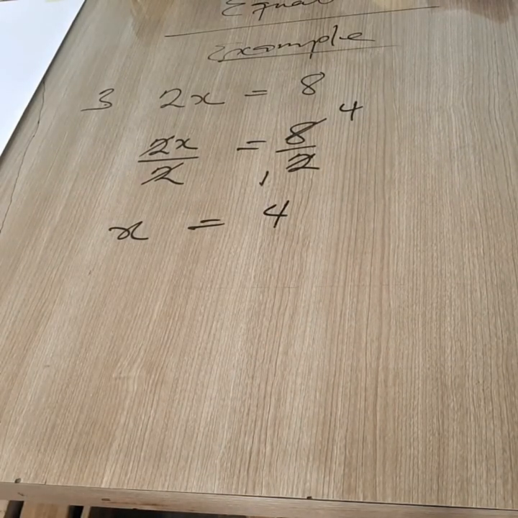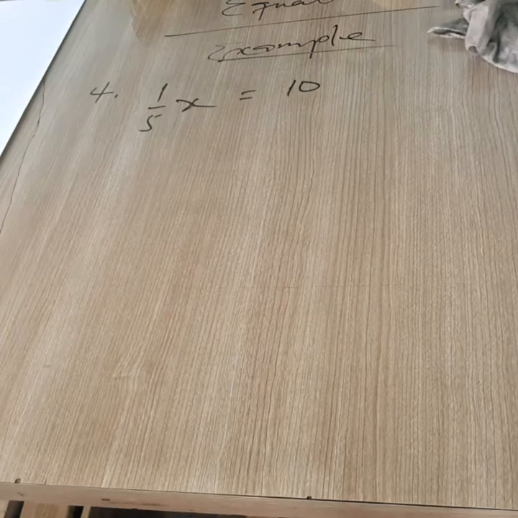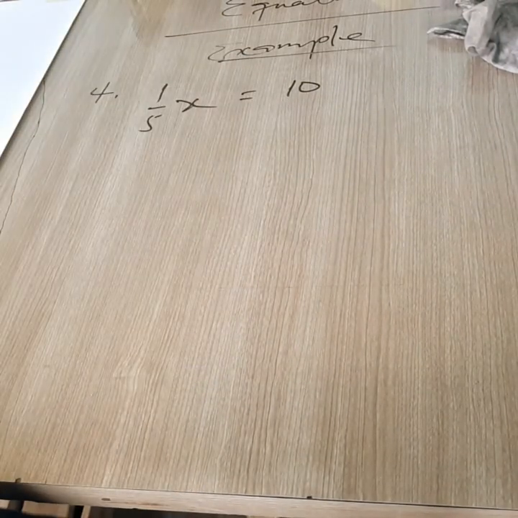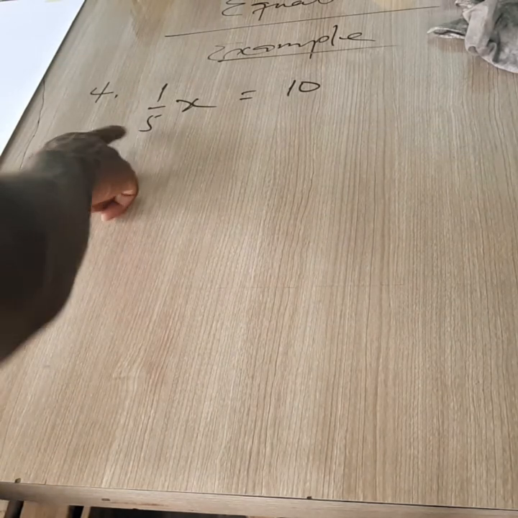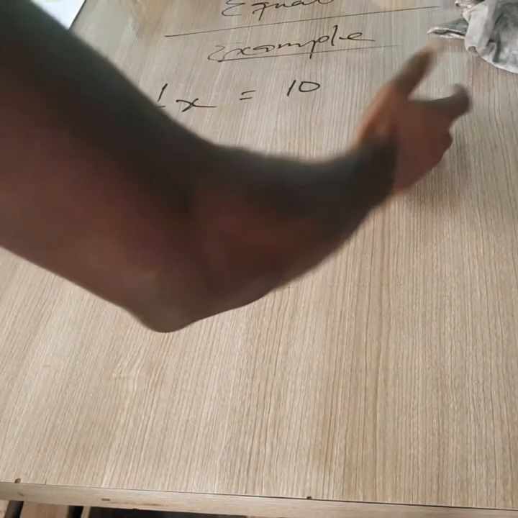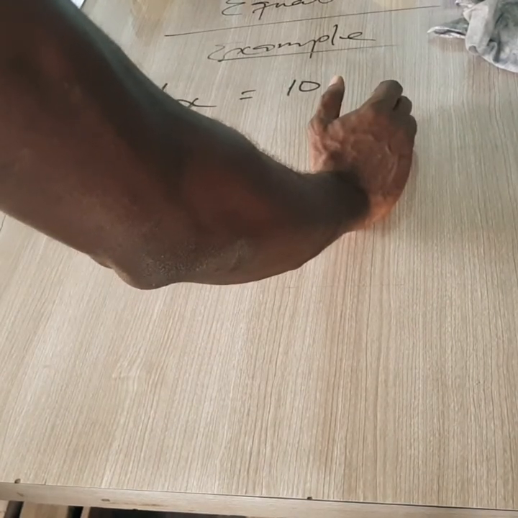Let's try another example. Now in example number 4, we have 1 over 5 x equal 10. We have to cross multiply because when we are dividing, it crosses the equal sign to multiplication.